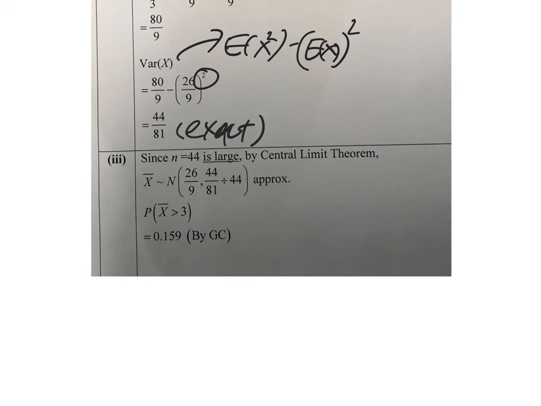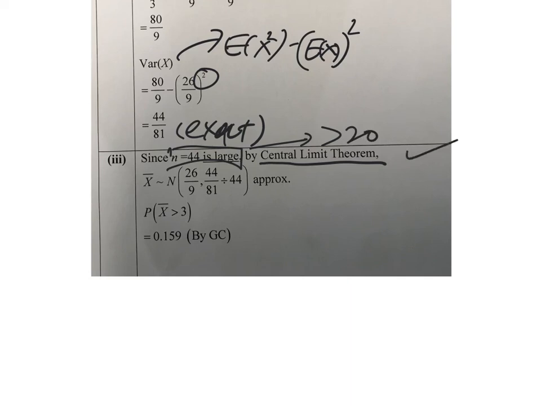And finally for the last part, there are a few common mistakes which I need to highlight. First thing is that many of you are able to recognize that we need to use the central limit theorem, since our n is large and bigger than 20. This is not a problem.